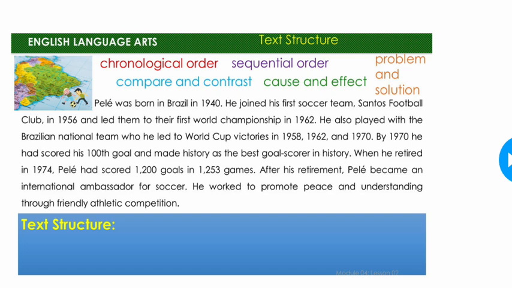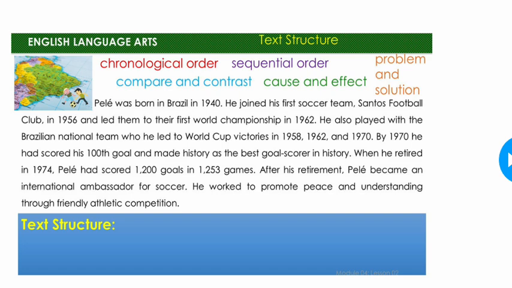Pele was born in Brazil in 1940. He joined his first soccer team, Santos Football Club, in 1956 and led them to their first world championship in 1962. He also played with the Brazilian national team, who he led to the World Cup victories in 1958, 1962, and 1970.